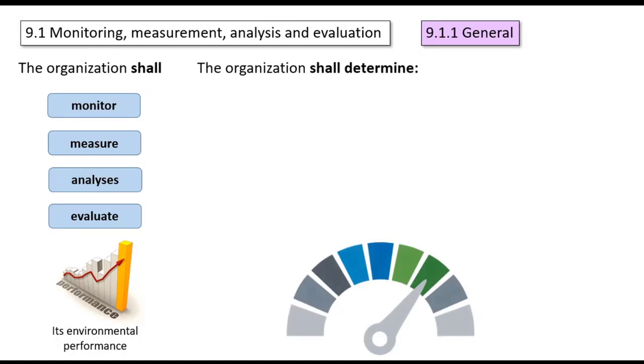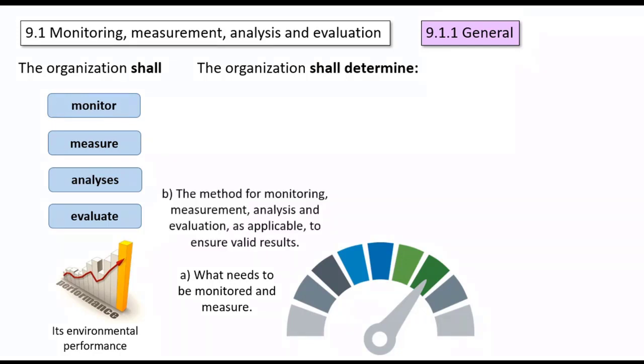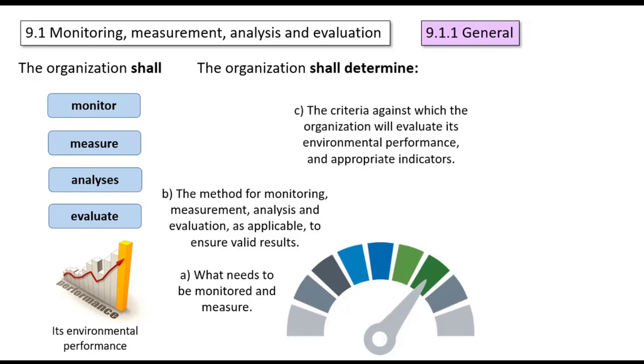And the organization should determine what needs to be monitored and measured, what is the method used for monitoring, measurement, analysis and evaluation, especially to ensure that your data, your result is precise and valid.